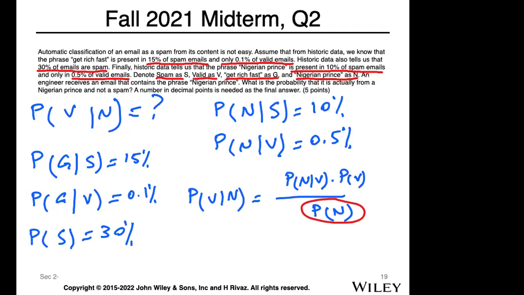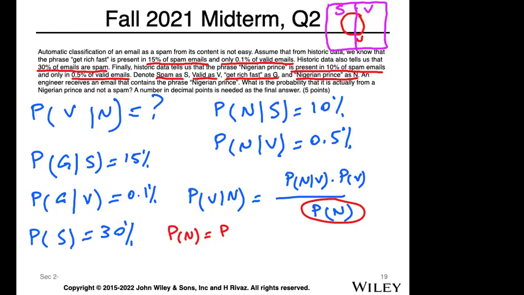So here we have to calculate P of N. These are all the emails that have the phrase Nigerian prince, N. Some of them are valid emails and some are spam emails. This is the set of all emails. Some are spam, some are valid, and Nigerian prince is present in both.